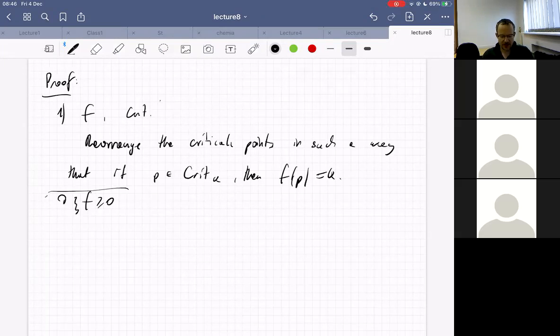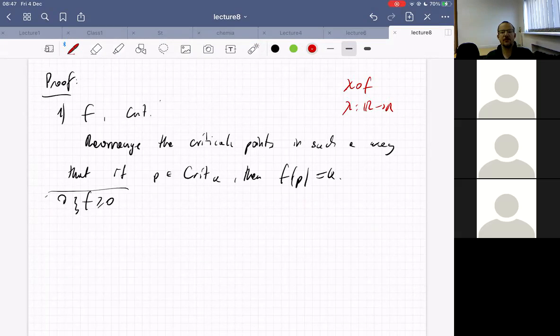But in this case, we put all critical points of index k at the same level set, and then the next critical points of index k plus 1, and then we just rescale the function by post-composing it with some lambda, where lambda from R to R is an increasing function, in such a way that the critical values of critical points of index k are equal to k.